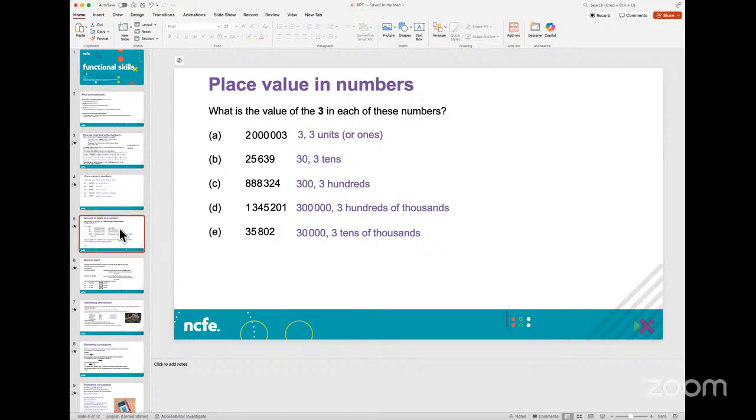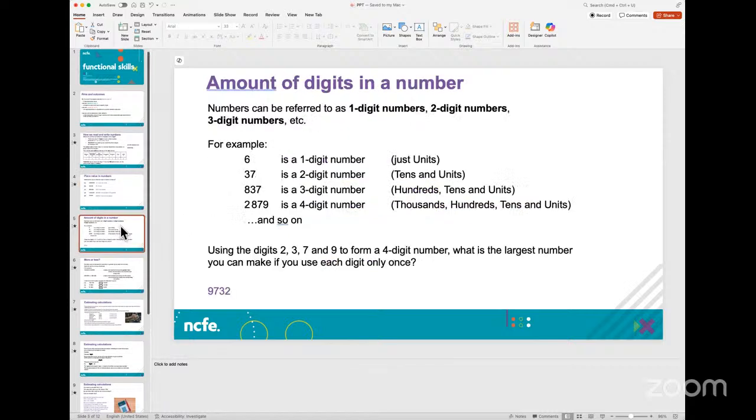Now, what we want to be able to also do is understand how numbers can be referred to as digits, right? So 6 is a 1-digit number because there's only 1 digit, 6. But if you look at 37, this is a 2-digit number because there are 2 digits making the number. Unit and tens, 37. This is 3-digit, this is 4-digit, and so on.